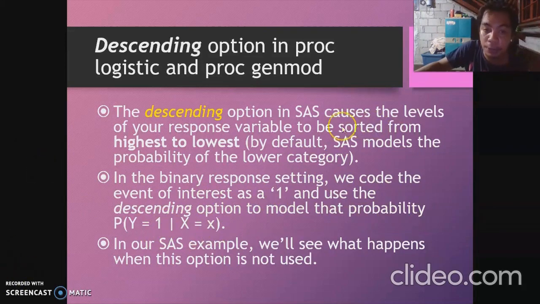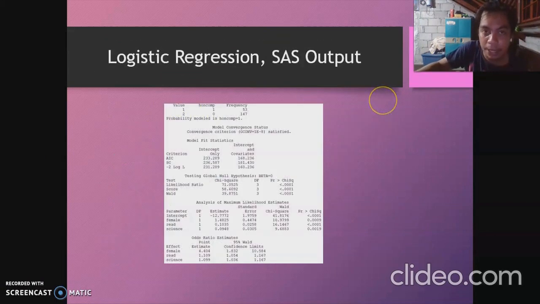Okay, so that is the descending option, which automatically reorders from lowest to highest category. So, this is the result of our logistic SAS output earlier.